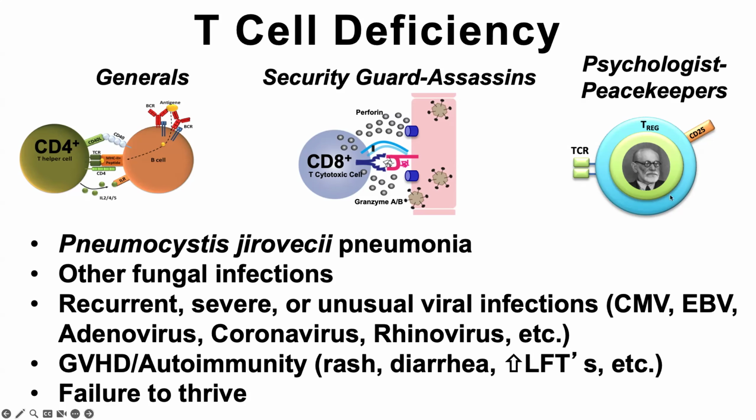And if you don't have the psychologist peacekeepers, then any cells that happen to get a little bit out of control can begin to attack the host and cause symptoms that look like graft versus host disease, really caused by autoimmune processes that kick off. And because all of this is happening and you're not able to control any infections, of course, a lot of energy goes into that, and these patients often have failure to thrive and don't grow very well.